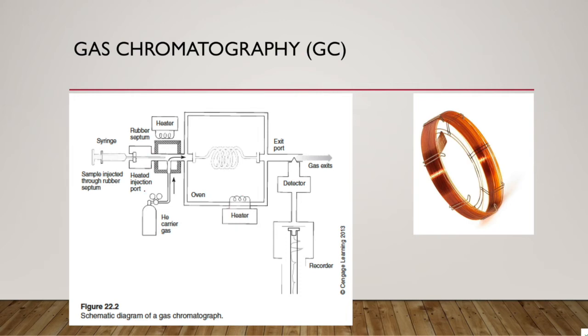First, it has the injection port, and then it has, let's say, the body of the system, which is called the oven, and we actually call it the stationary phase. Okay, and then the last part is going to be our detector. That's where we detect what component is escaping from the stationary phase.